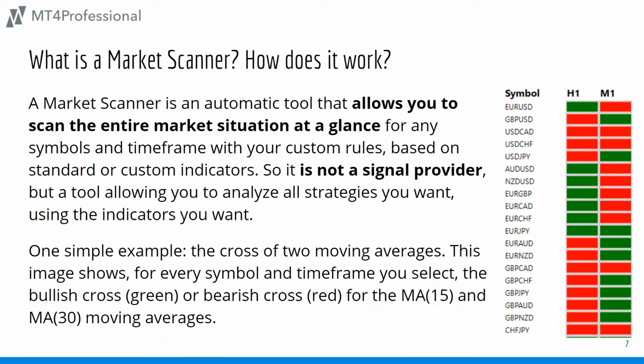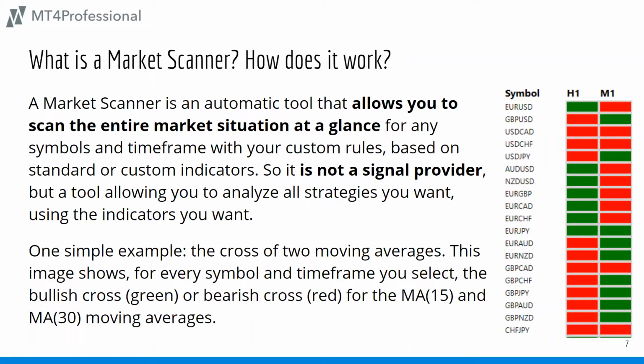So one simple example, and most common example that we can find, is a cross of 2 moving averages. A bullish cross is a fast moving average crossing above a slow. A bearish cross is a fast moving average crossing under the slow.